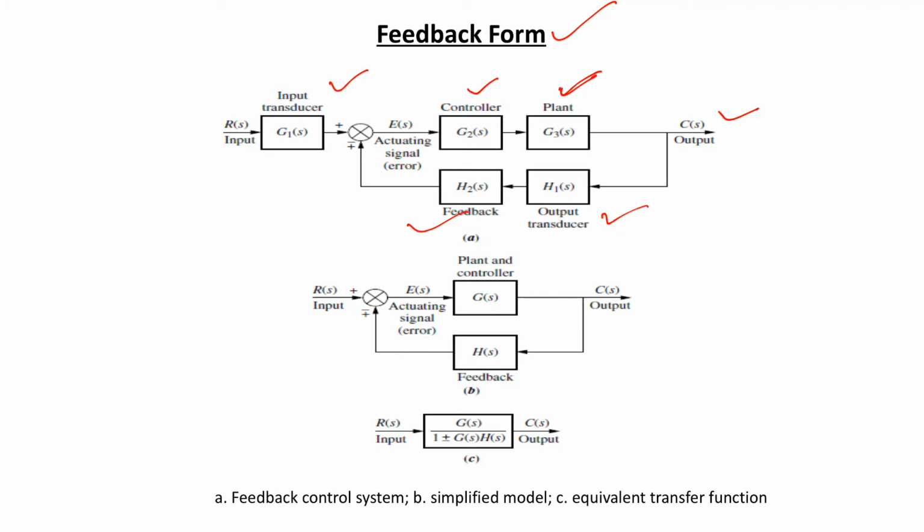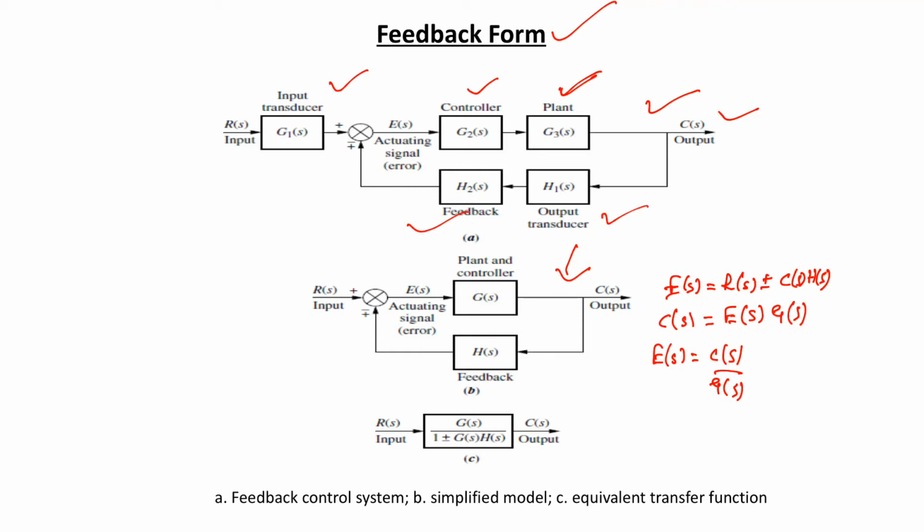Okay, and this one is the simplified model. What we want to do is convert this typical feedback system into the simplest one, that is the simplified model. Now in the simplified model, we see that the actuating signal E(s) is the sum of the input signal and the output signal, that is the feedback signal.